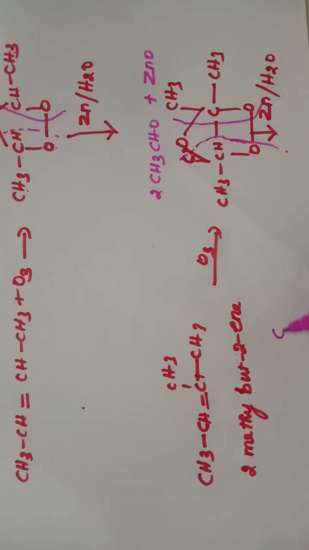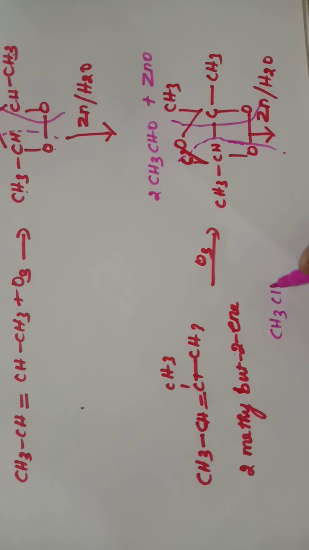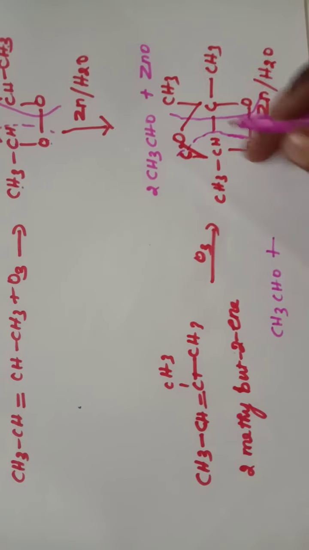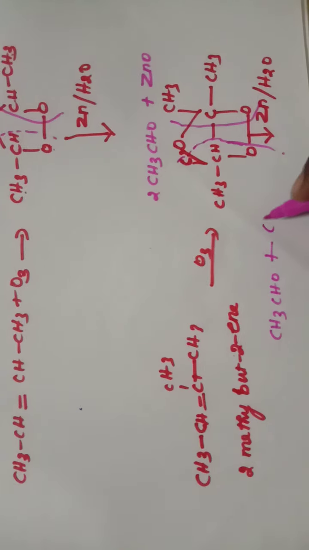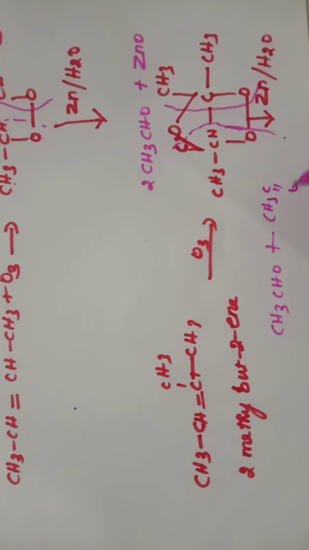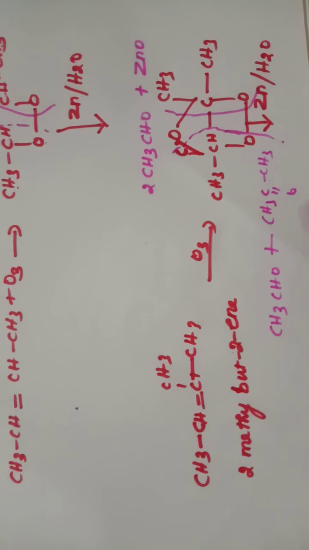So we will be getting CH3 CHO, an aldehyde, plus CH3 C double bond O CH3, a ketone.